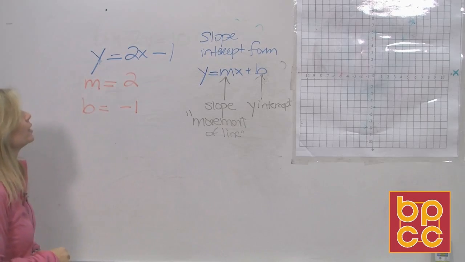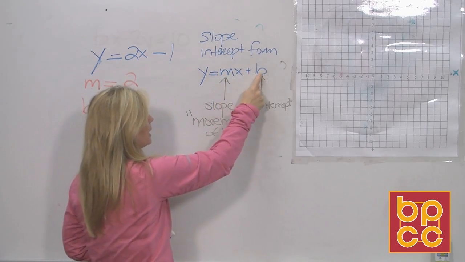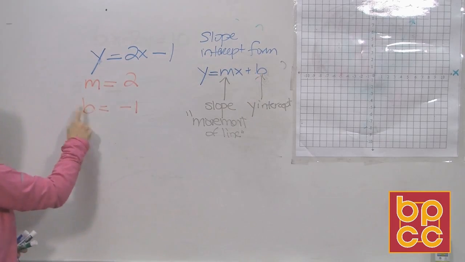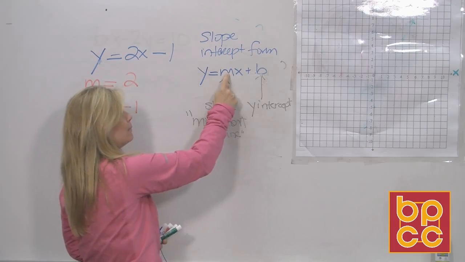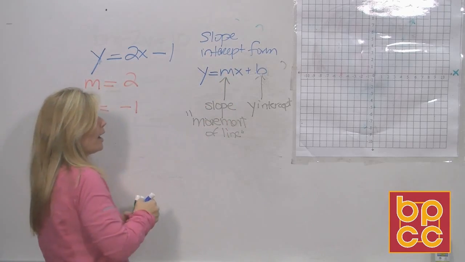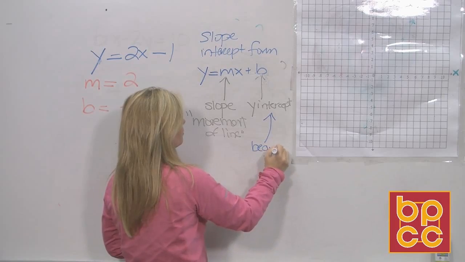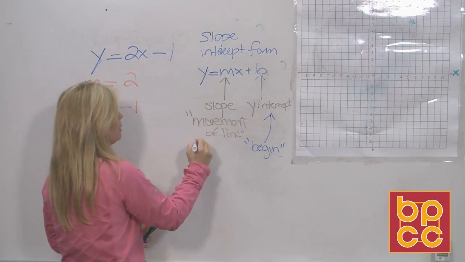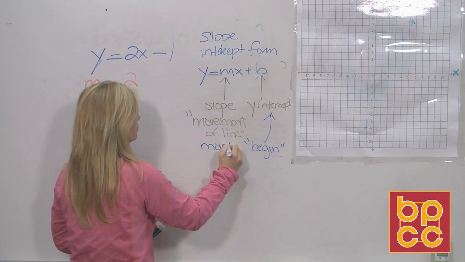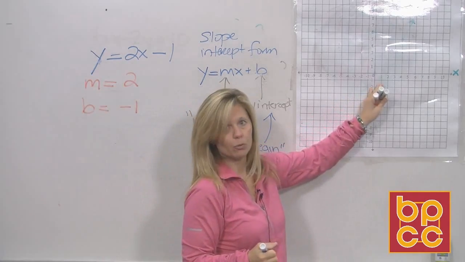So, these are the two numbers you're going to need. M and B means multiplied behind. But M and B also mean begin and move. You always draw a diagonal line beginning with the y-intercept. So you begin with B and you use M to move. You need a starting point to move.